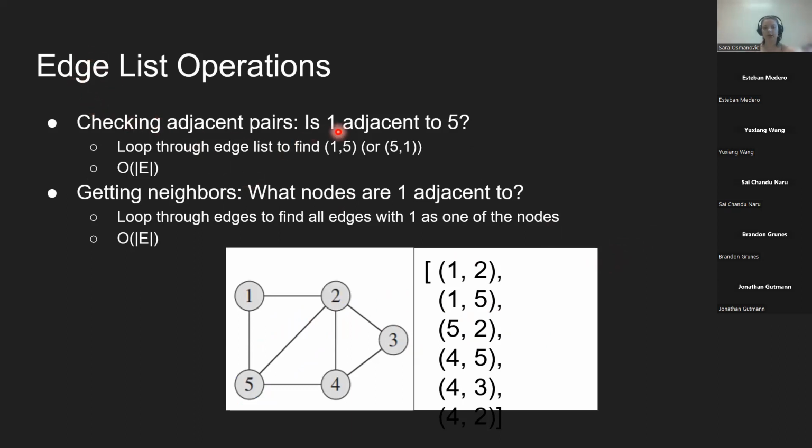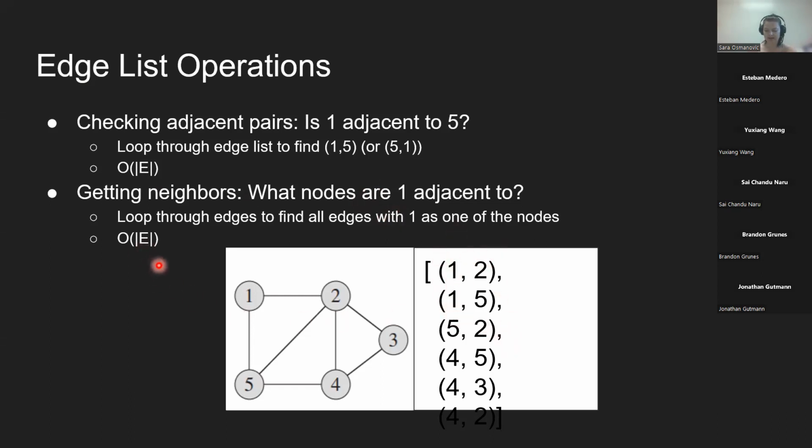Operations on edge lists. Adjacent pairs: is 1 adjacent to 5? Loop through the edge list to find a 1, 5 or 5, 1 pair. The complexity is proportional to the number of edges. And then getting neighbors: what nodes are adjacent to 1? Loop through the edges again to find all the edges that contain 1 in the pairs.